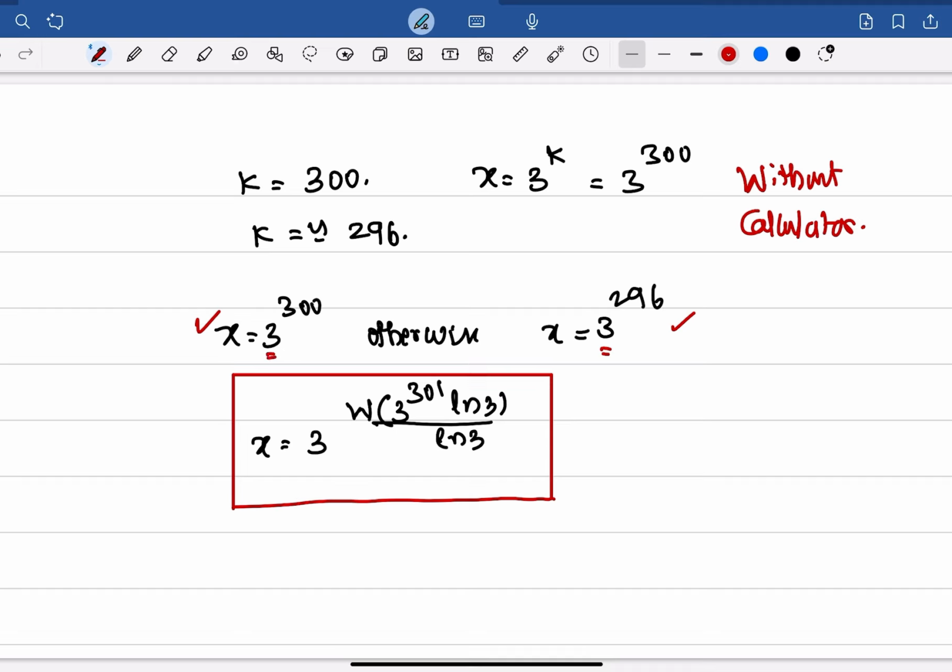If a question asks for the multiple in hundreds, the value of x is 3 to the power of 300; the power is in hundreds. If you want a little more sensible answer, it is 3 to the power of 296. And if you want an exact answer, x is equal to W of 3 to the power of 301 ln 3, divided by ln 3.